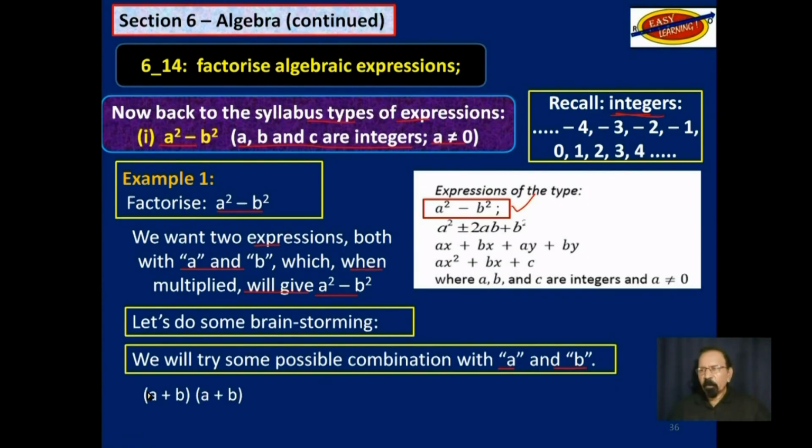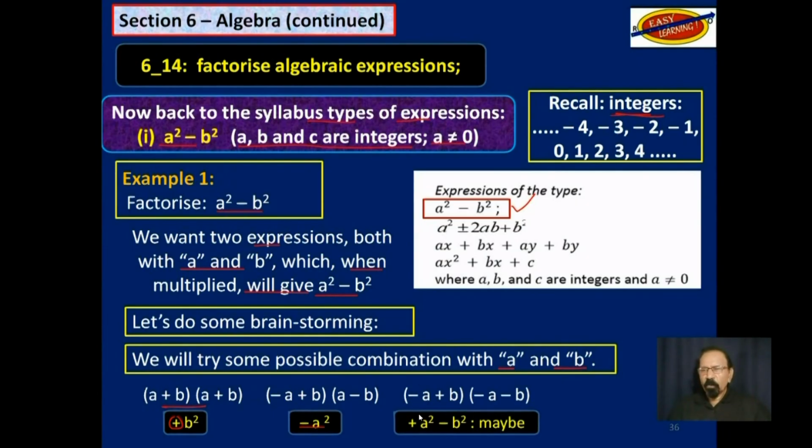If you use a plus b and a plus b, notice we will get positive b squared. So this expression cannot be one of them. If you use this combination here, now you will get negative a squared, and we want a positive a squared. If you use this combination, you will get a positive a squared and a negative b squared.